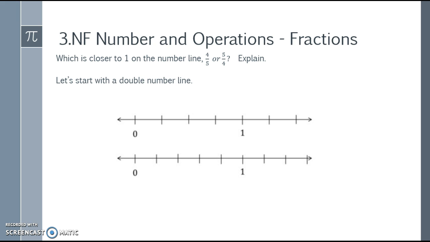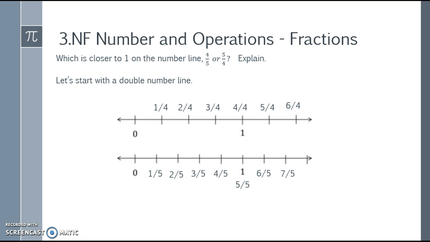So I see that the top row is partitioned into fourths and the bottom row is partitioned into fifths. So I'm going to label my points across the top as 1/4, 2/4, 3/4, 4/4, 5/4, and 6/4.